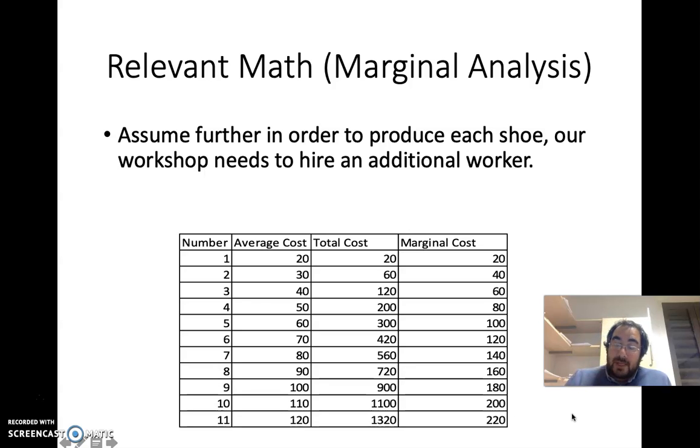But even if marginal productivity is constant, our labor cost will increase because the wage rate is increasing.